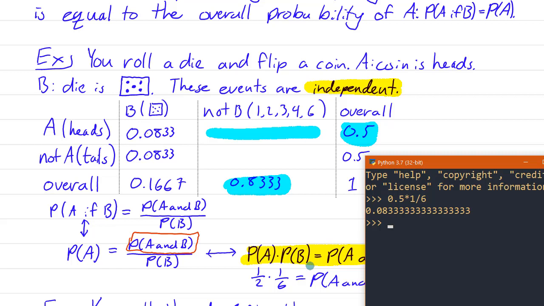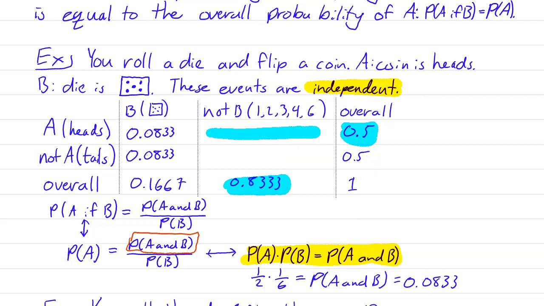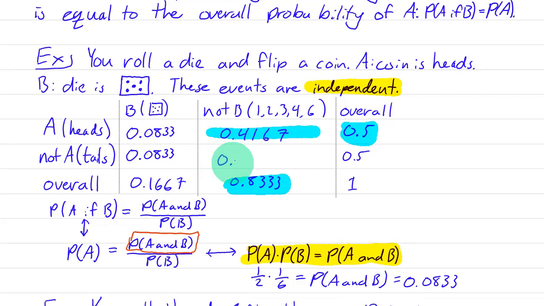So that's going to be 0.5 times 5/6 is 0.4167. And this is going to be the same thing.